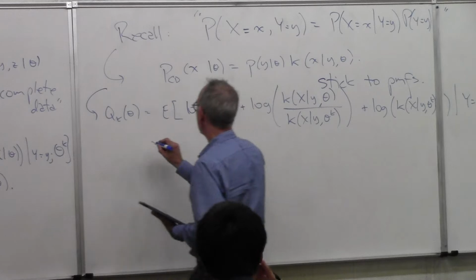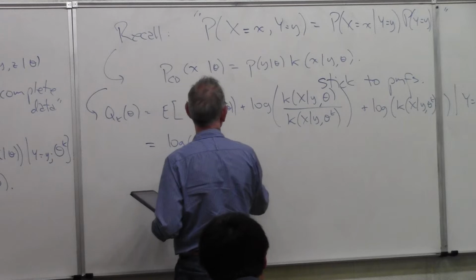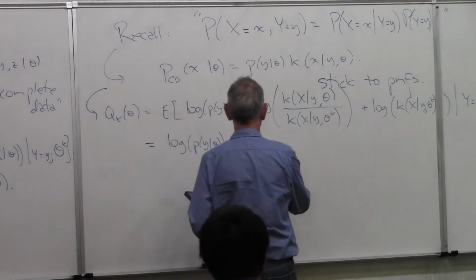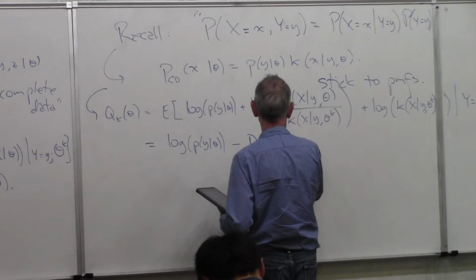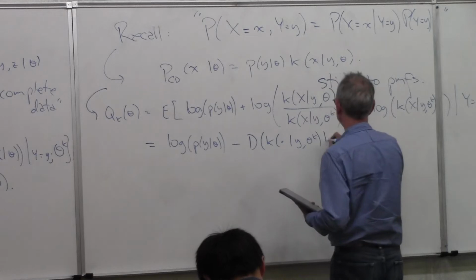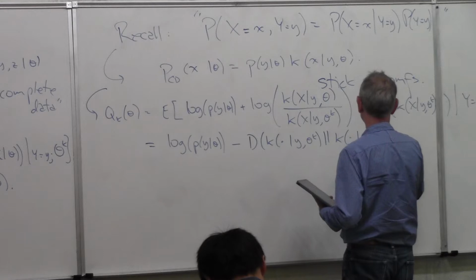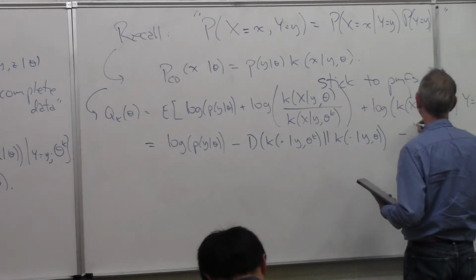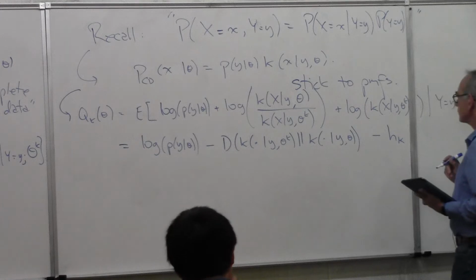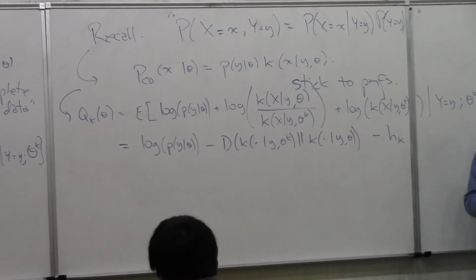So this is equal to the log of p of y given theta, minus a relative entropy, and then minus what I'll just call hk. It's the entropy of this weird complete data PMF, a transition matrix, with respect to the kth model.